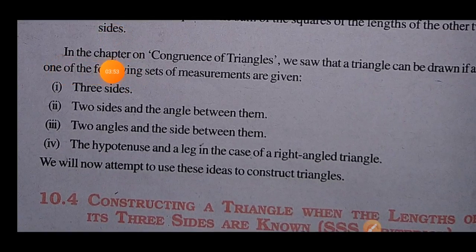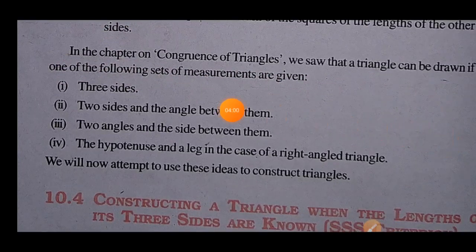In the chapter on congruence of triangles, we saw that a triangle can be drawn if any one of the following sets of measurements are given. First, 3 sides, second, 2 sides and the angle between them, third, 2 angles and the side between them, fourth, the hypotenuse and a leg in the case of a right angle triangle.